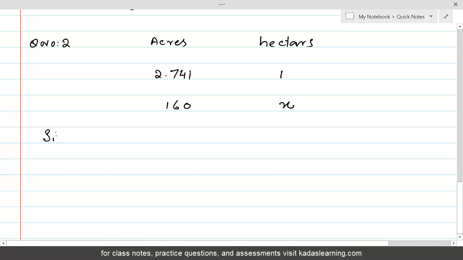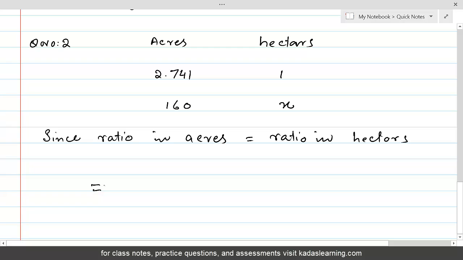Since ratio in acres is equal to ratio in hectares, this means 2.741 when divided by 160 is equal to 1 over x.